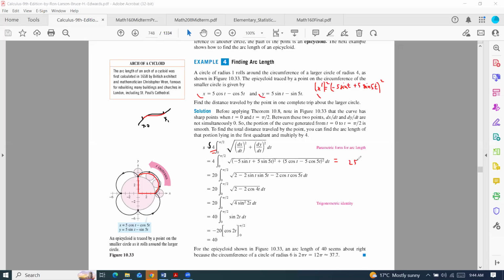Multiplied by a square of sine t. And then the last squared is going to be 25, again, square of sine of 5t.